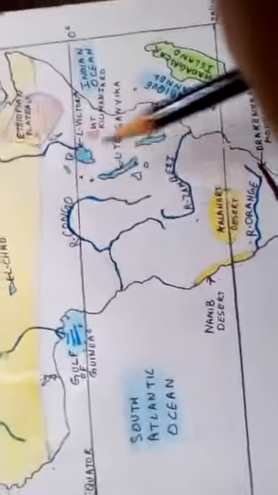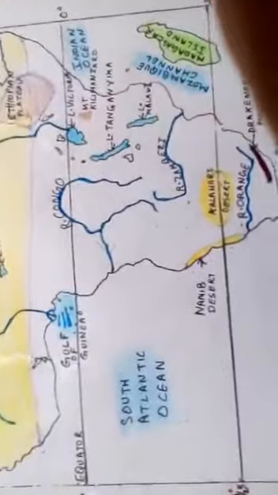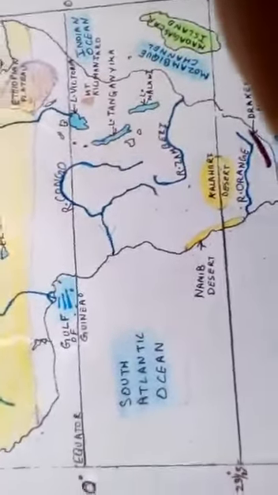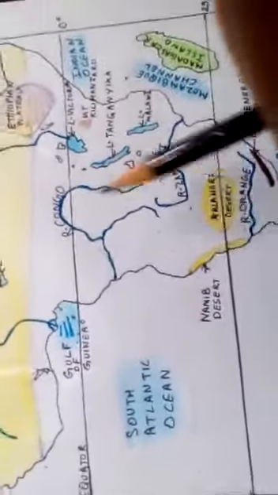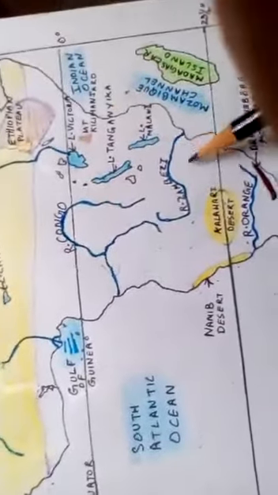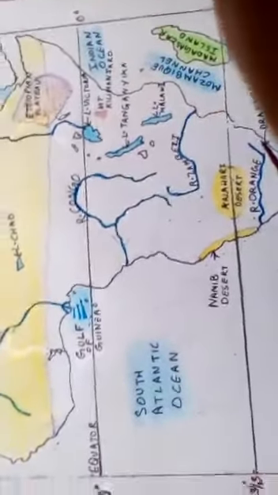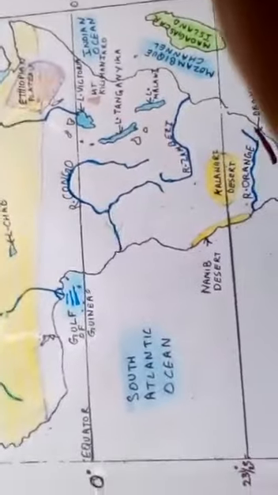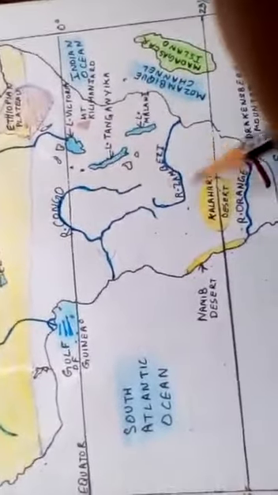Next is the Zambezi River. It rises in the highlands of southwest Africa. What do we mean by that? We have already learned that this area is the southern plateau, that is the high plateau of the south area. And here again we have the Zambezi River, which is rising along the highlands of southwest Africa.